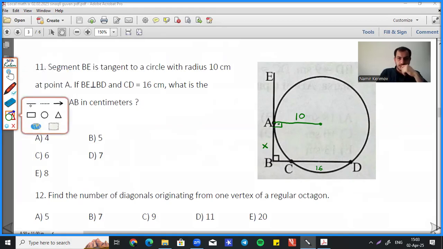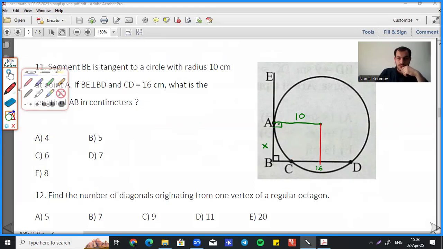For that question, we can use the method that we said: if it's a right angle, or we draw that from the center, that will divide the chord in two same parts. I mean 8 and 8.